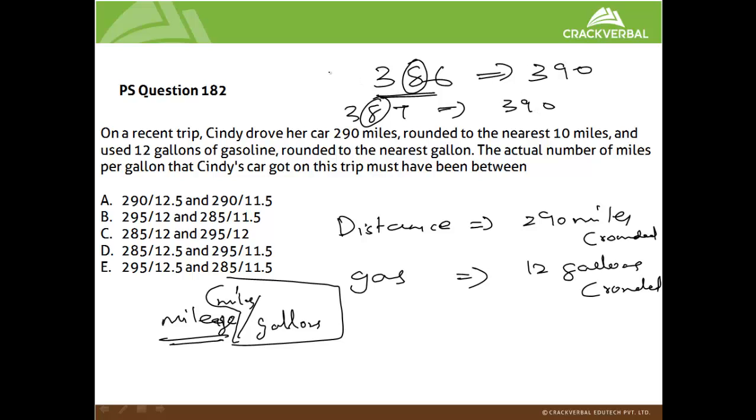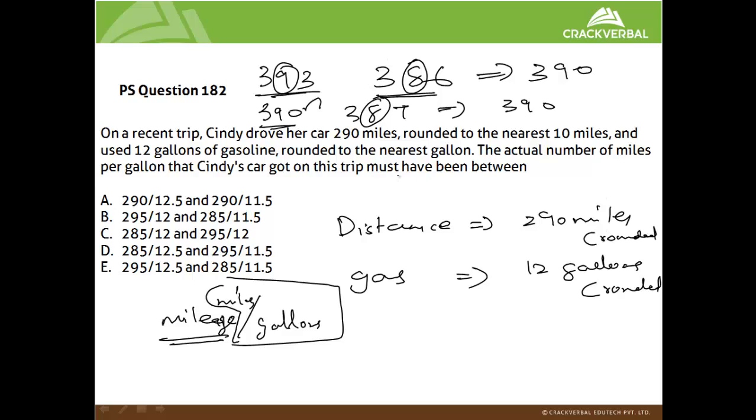Same thing, for example, if you have 393, if the units place is less than 5, then we stay where we are, so we can round this to 390 itself. Same thing here, 290 miles has been rounded off.